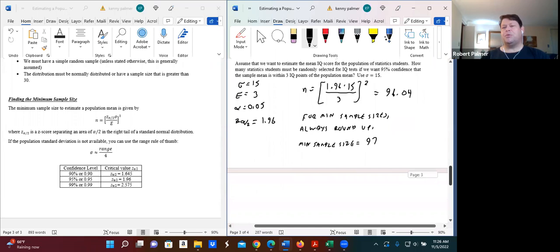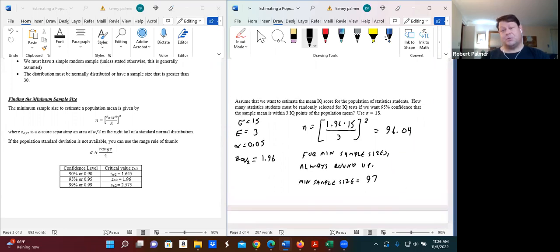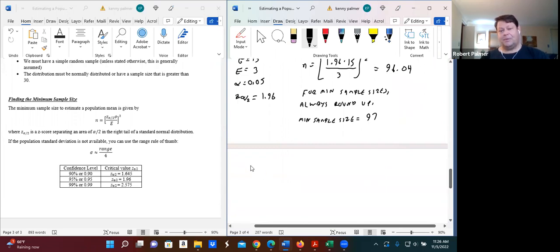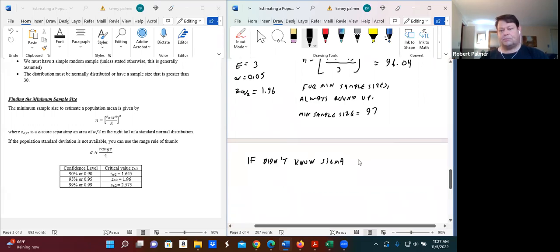Okay, let's actually do one more thing on this one. Let's say we didn't know what sigma was, which in most cases we wouldn't. Let's say we didn't know sigma, but we basically know our data range.